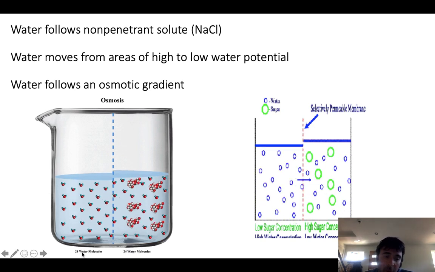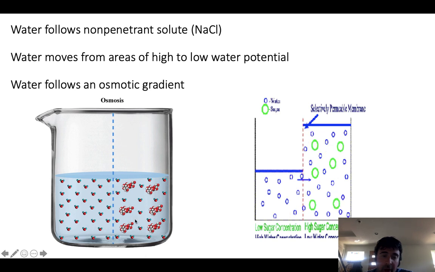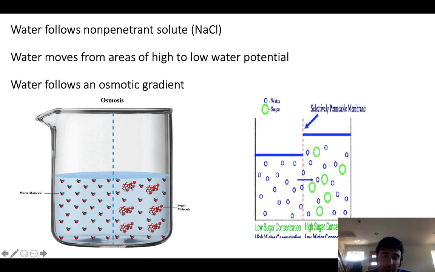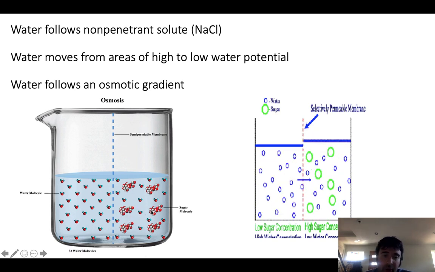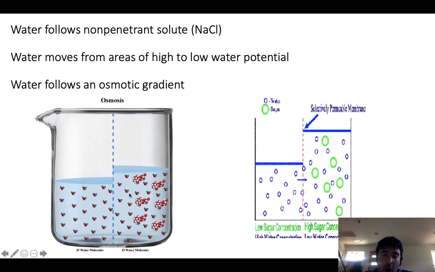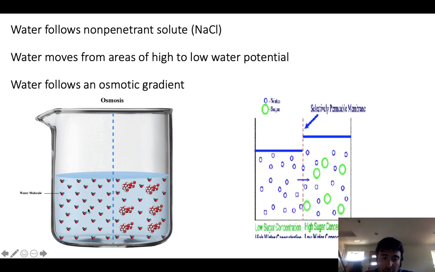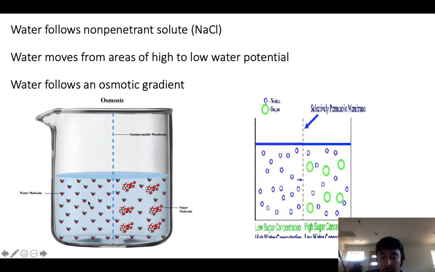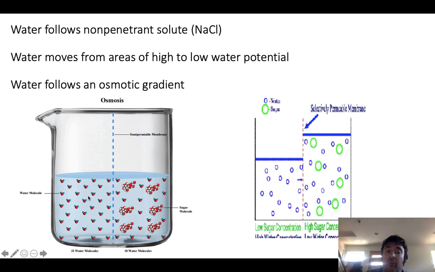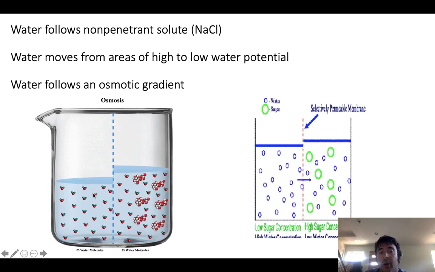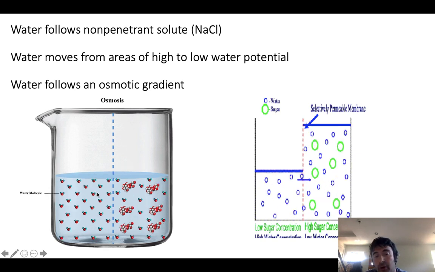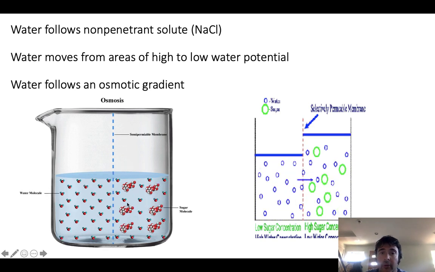The reason that there are more water molecules on the left than on the right is because there are sugar molecules taking up that space that water would fill. Sugar is a non-penetrant solute. So the forces that promote the movement of water are going to move those water molecules from areas of high water to areas of low water.